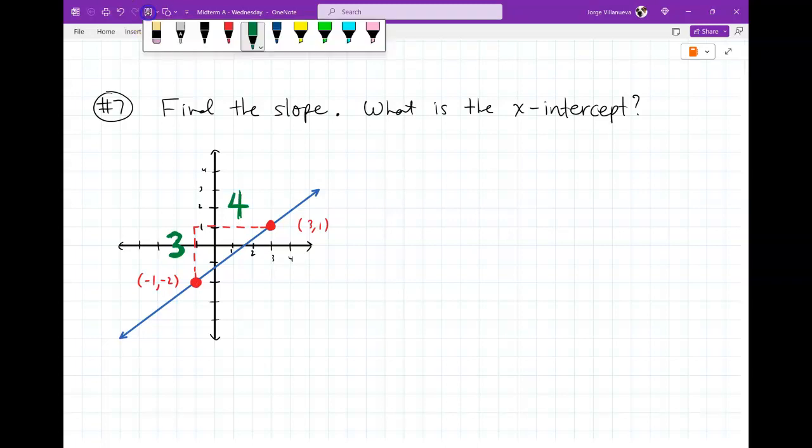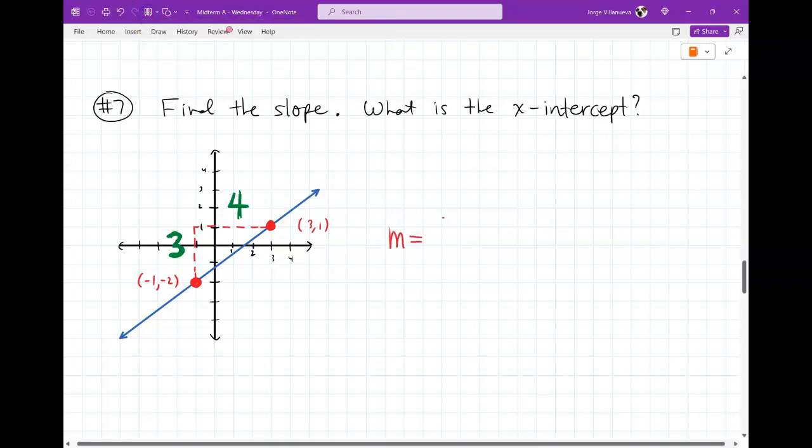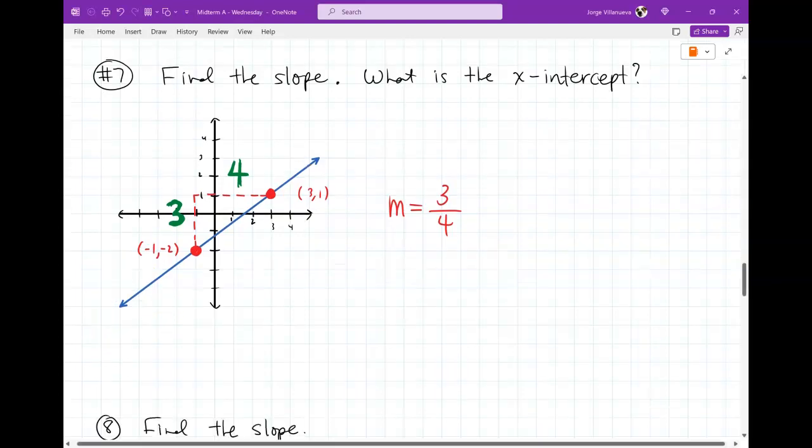So your slope, since I went up and to the right, is 3 over 4. Okay? Not negative 3 over 4, because that means I would have to go down and to the right. But that one's pretty easy. It just requires you to be able to locate 2 points and then count. Okay?